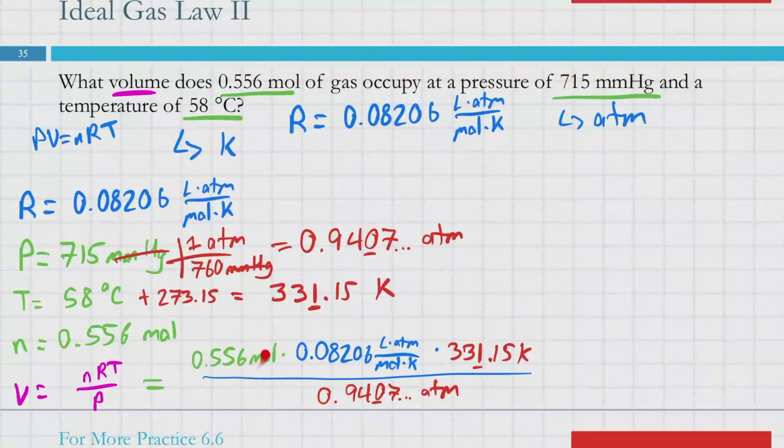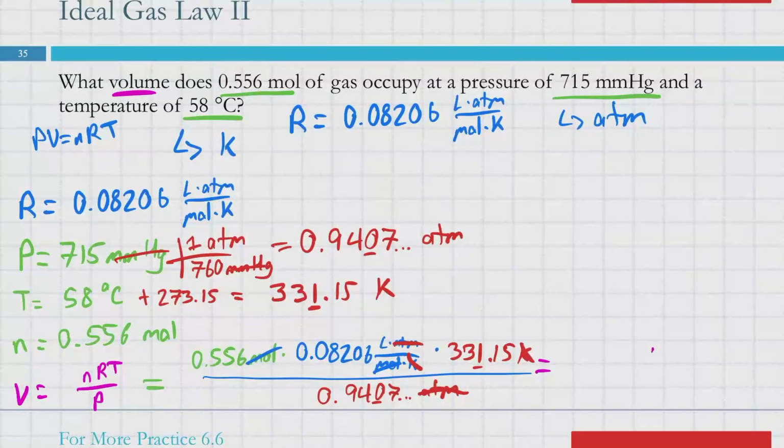First up, we've got moles and moles. So our moles cancel, perfect. We also have Kelvin up here. Kelvin will cancel Kelvin. And last but not least, we have atmospheres on the bottom from our pressure, which will cancel the atmospheres on the top of our R value units.